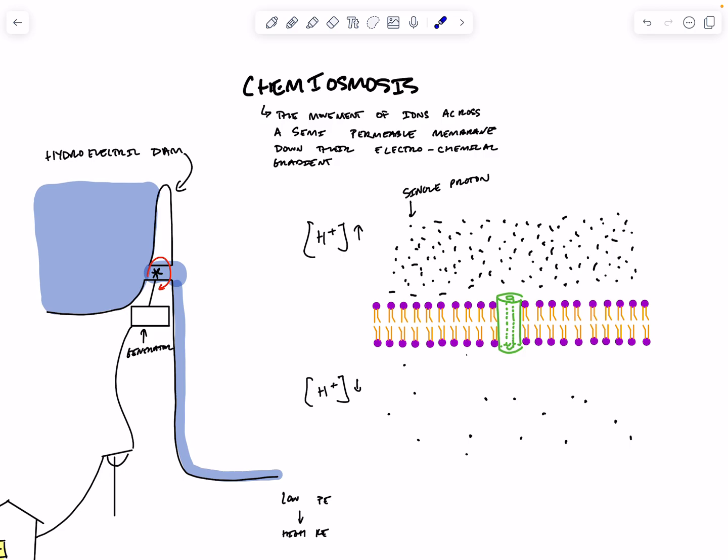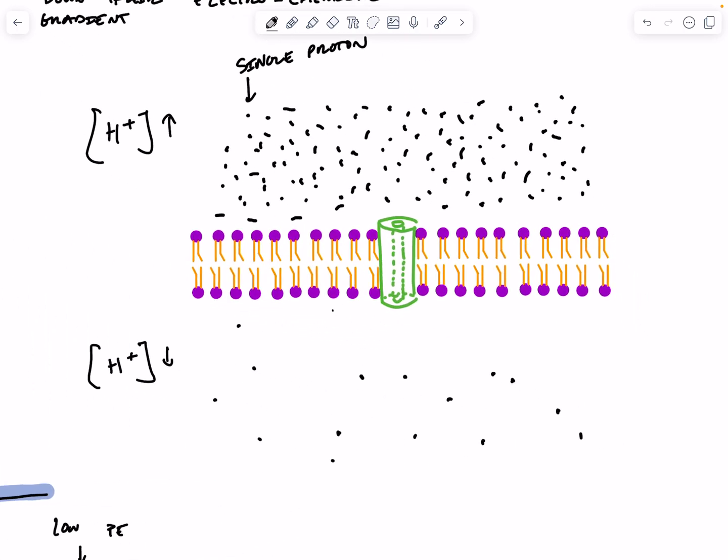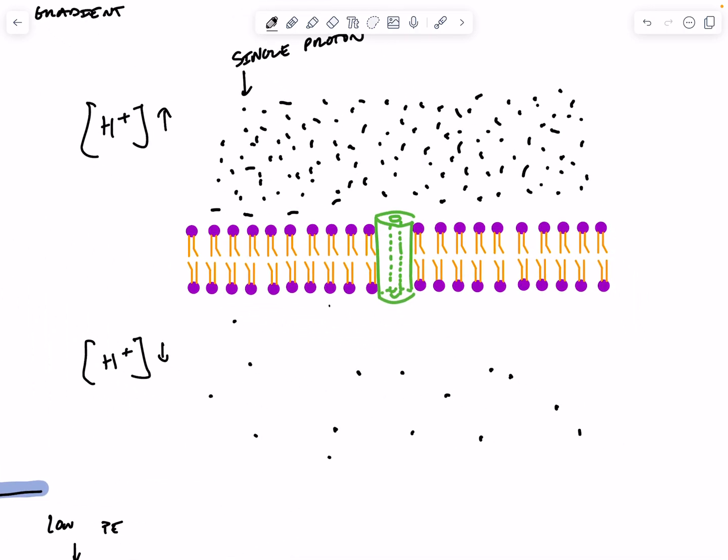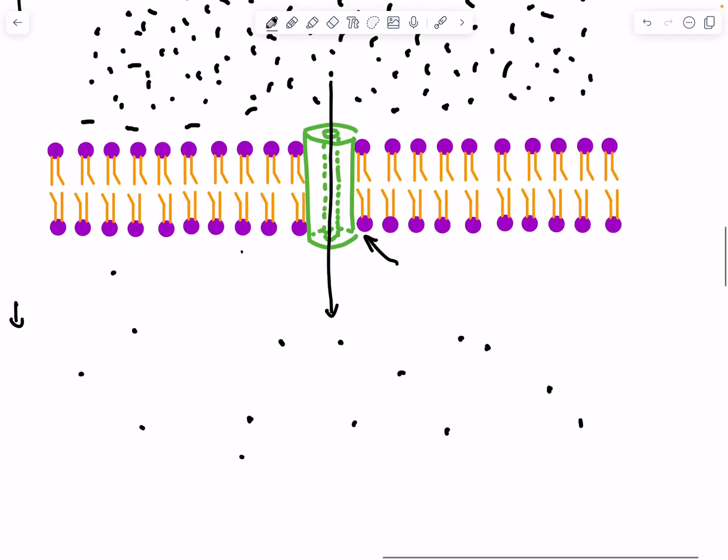we can use this gradient in order to do cellular work or create the type of cellular energy that we need by allowing these ions to diffuse down their concentration gradient through a special membrane protein called ATP synthase.